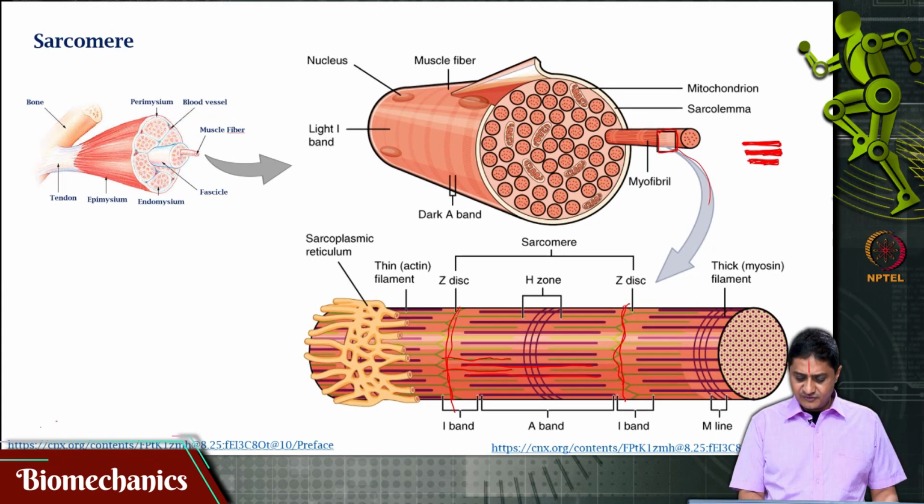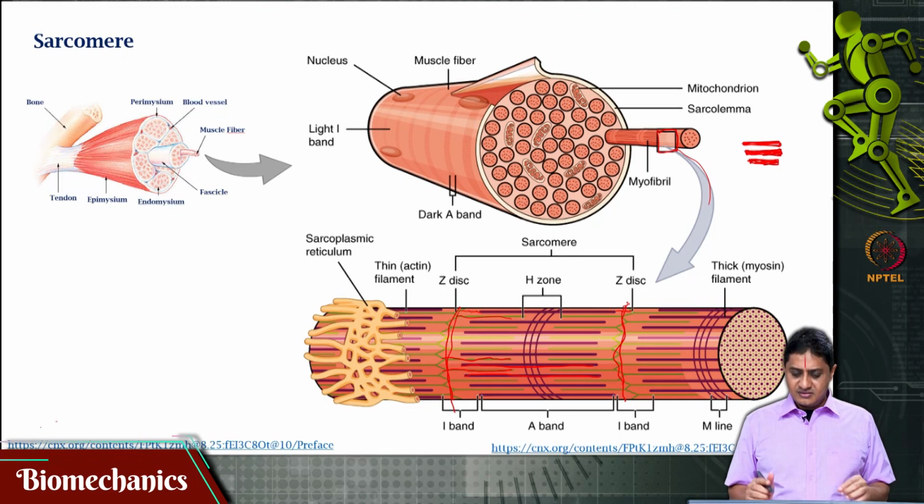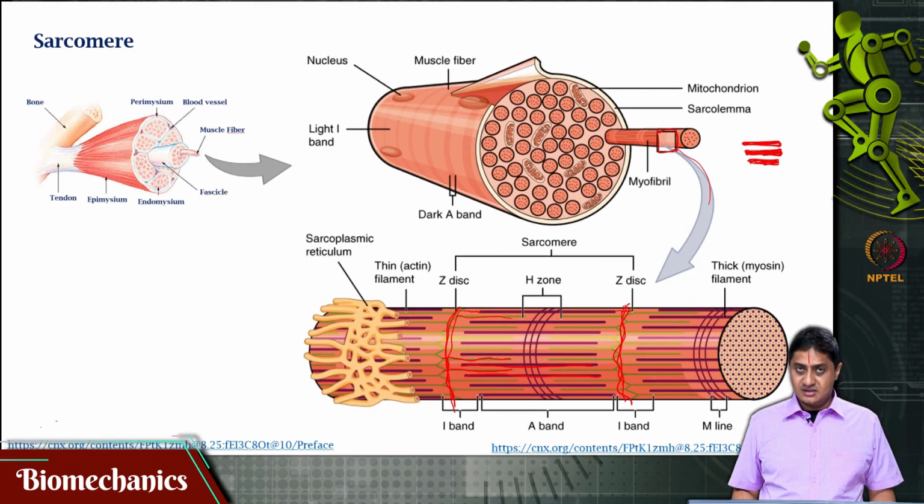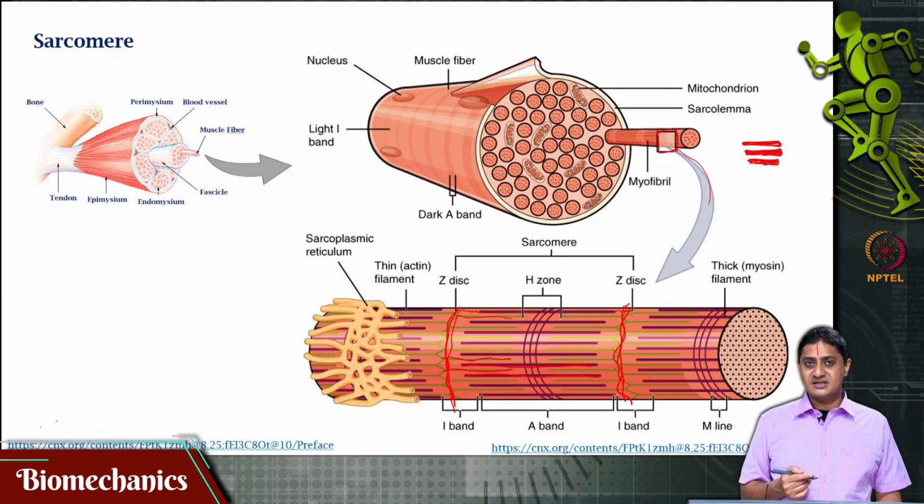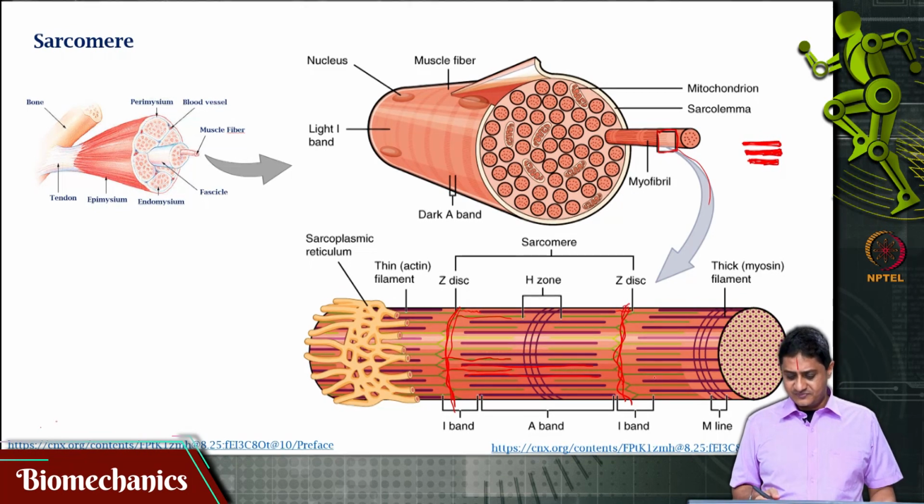And the point from which these thin lines originate, from which the thick lines are suspended using a very thin, not visible in this picture, protein called titin. Through that protein, from these two ends, the thick filament and the thinner filament are suspended.